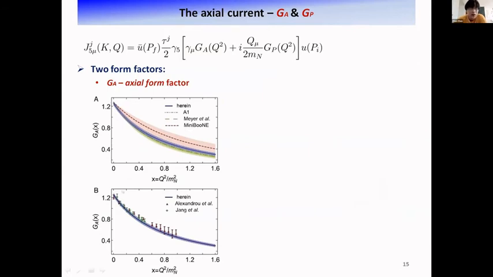In these 2 panels, this blue curve with its blue band is our computed GA with its uncertainty. In the upper panel, we compared our results with the different experimental results. As I said before, for GA, its experimental results are sparse and with large uncertainties. Here we made our prediction.